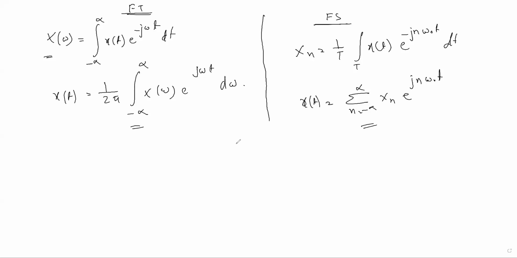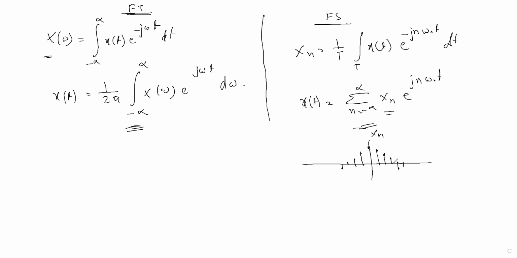So why does this summation come as an integration? I explained yesterday with a diagram. As I said, this x_n in the Fourier series is represented as samples or spikes in the frequency, the frequency components present in the signal.